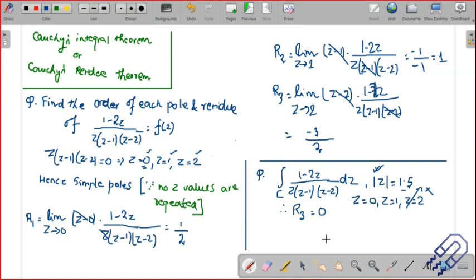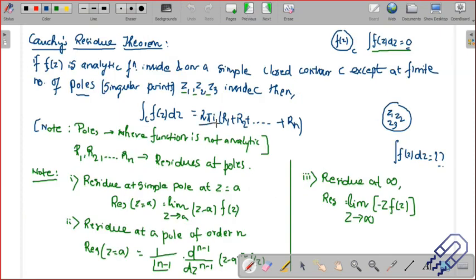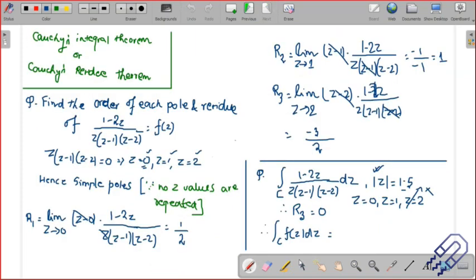That's very important. So if I just want to find out the integration, it's so simple now. The integral of f(z) dz, where f(z) is this entire function (1 minus 2z) divided by z(z minus 1)(z minus 2). Let me revise the formula once for you: 2 pi i times the sum of the residues. So I can simply write it as 2 pi i times (R3, which for us is 0, plus R1 plus R2).